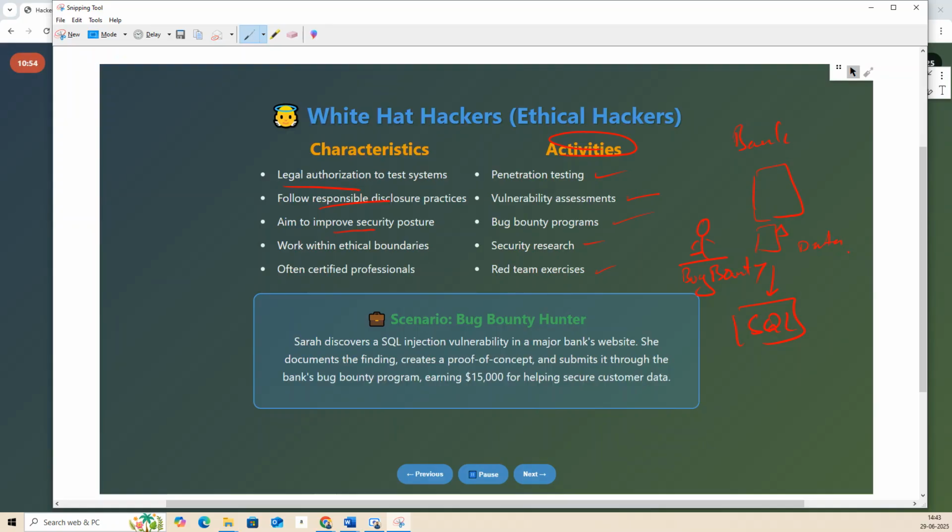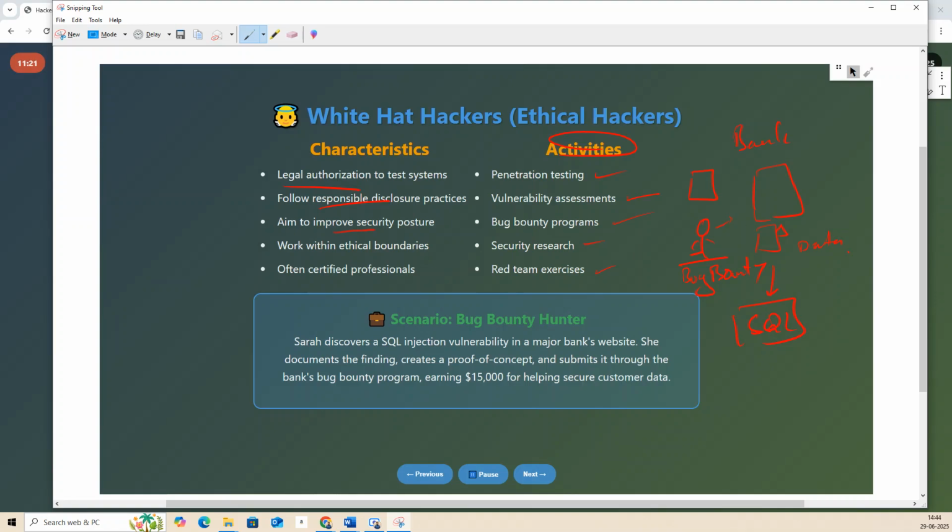But that's not what white hat hackers do. Instead, Sarah documented everything: the exact steps to reproduce the vulnerability, the potential impact, and recommendations for fixing it. She submits this through the bank's official bug bounty program, instead of exploiting it.